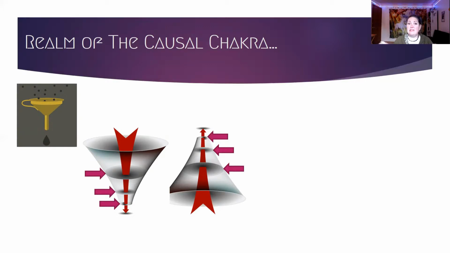So it siphons out what we're really trying to get at. It is your very own causal chakra, and because it knows what you want, it knows what is best for you, and therefore it will decipher what you're asking for and bring that about in a way for you specifically.